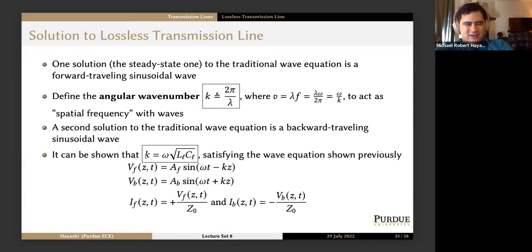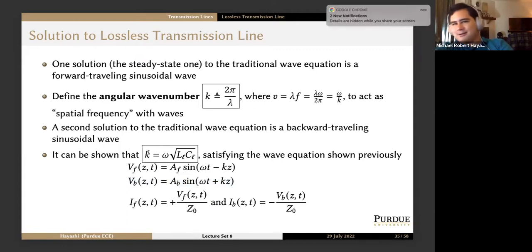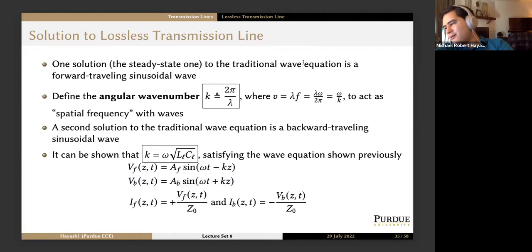It can be shown, not in this class, but in another class like electromagnetics, that k is equal to omega times square root of LL times CL, and it'll satisfy the wave equation. So we actually have an expression for k now in terms of everything else.